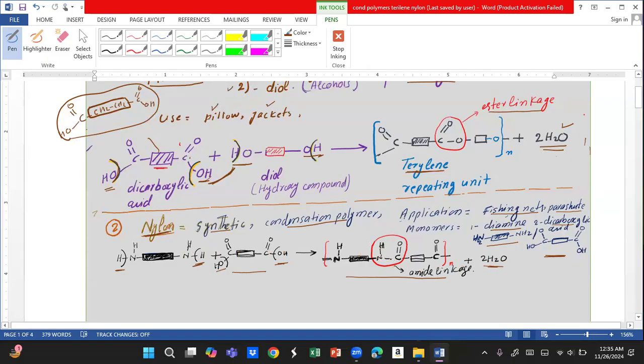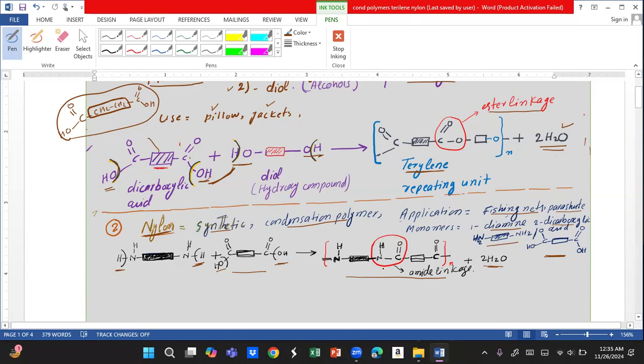You can be asked in the paper to mark the linkage between diamine and dicarboxylic acid, or the linkage in nylon. You will see where nitrogen is and the C attached with double bond O, and you will circle them.